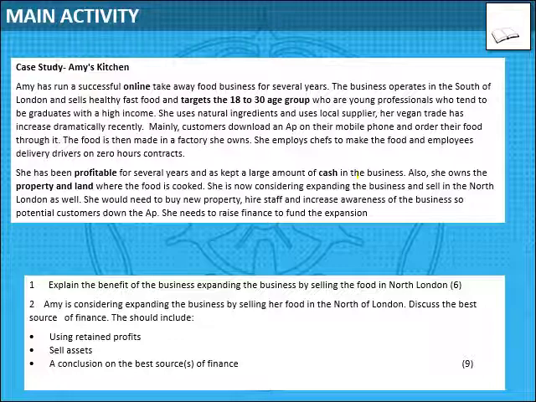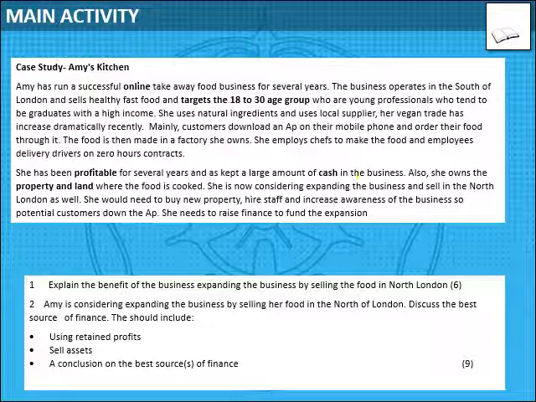So in an ideal world, when you've got any 6-mark question, you're trying to develop one point in detail. But with any of this, really what we're looking for is 6 sentences for your 6 marks.